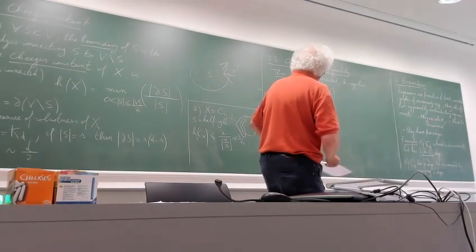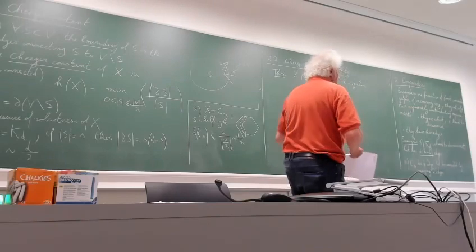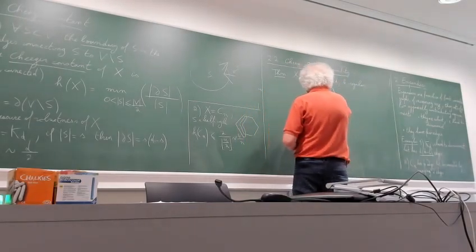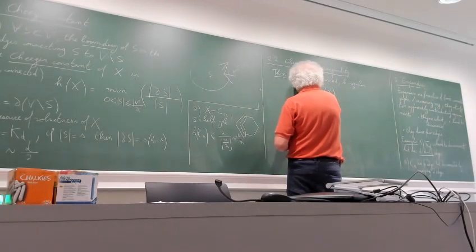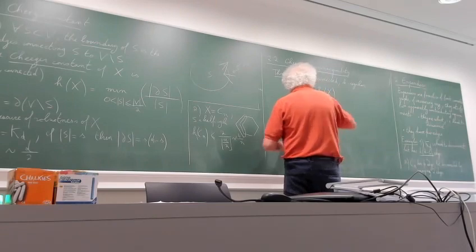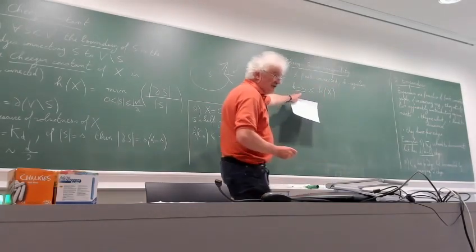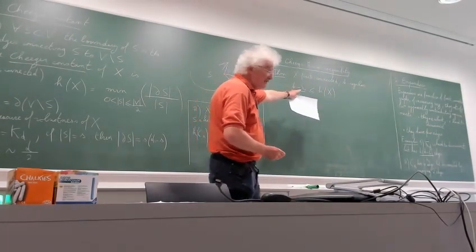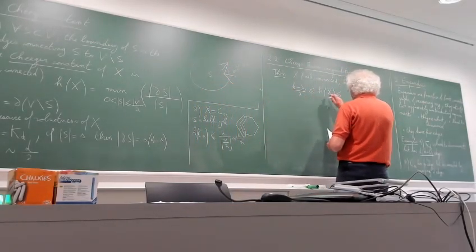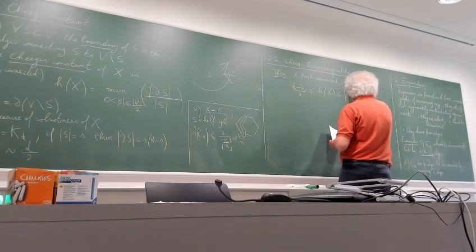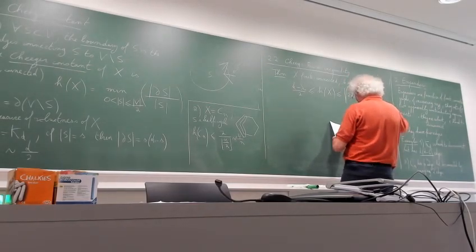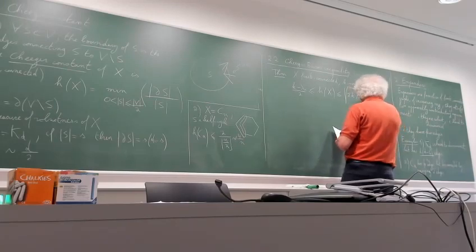Then you have both a lower bound and an upper bound of h of X. The lower bound is that h of X is greater than k minus lambda 1 over 2, where lambda 1 is the first non-trivial eigenvalue of the adjacency matrix. And on the other hand, this is dominated by the square root of 2k times k minus lambda 1.